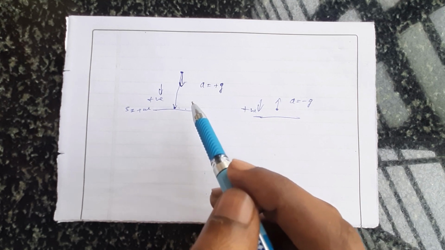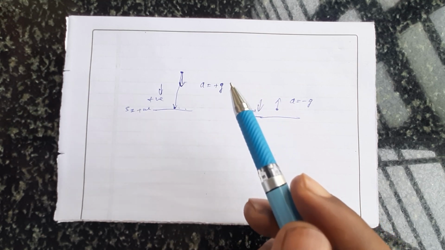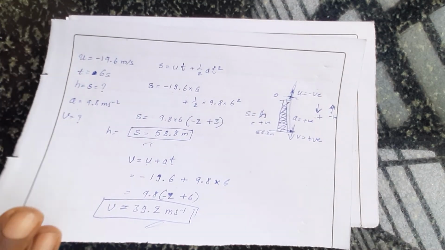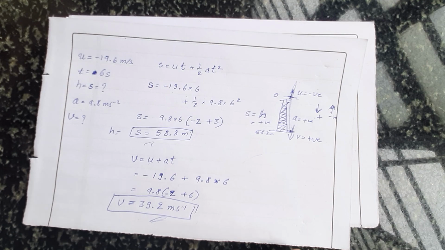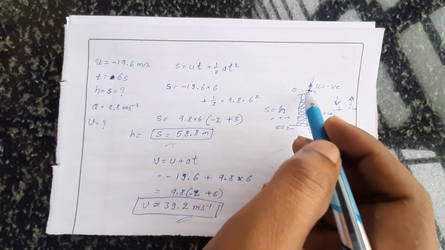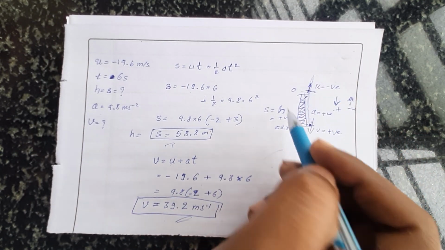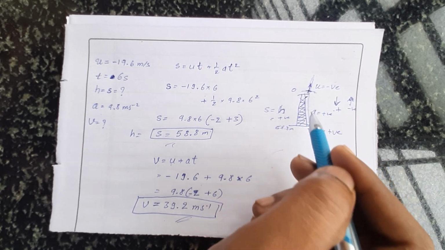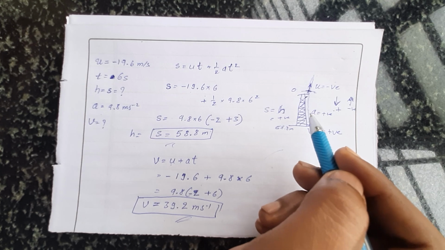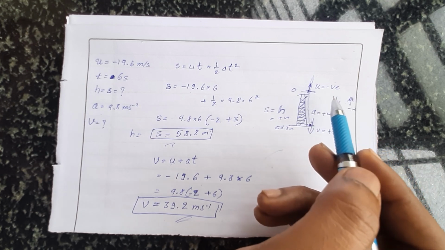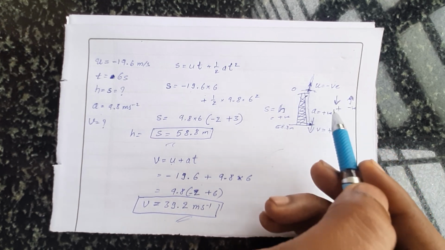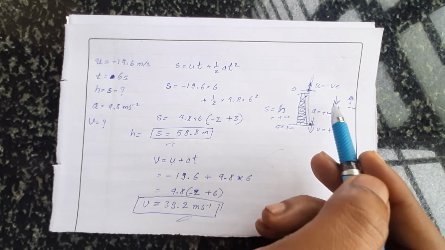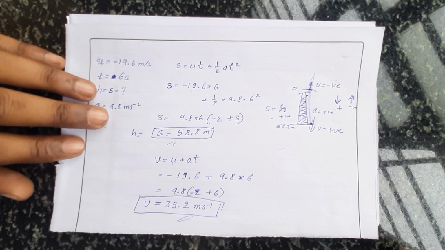If you have a body moving upwards, acceleration is negative for that. But in this situation, acceleration is taken as positive because when I consider the complete motion, the motion starts here and ends here. So the final displacement is downwards, and I have taken the downward direction itself as positive. That is why a becomes positive here.